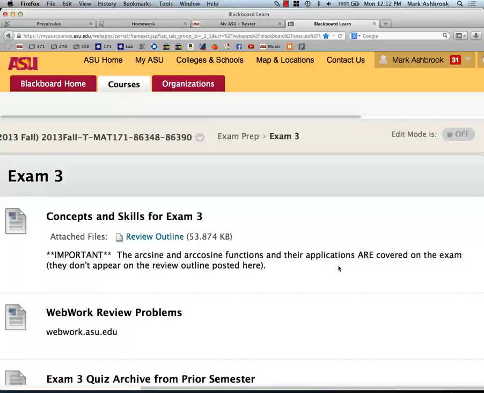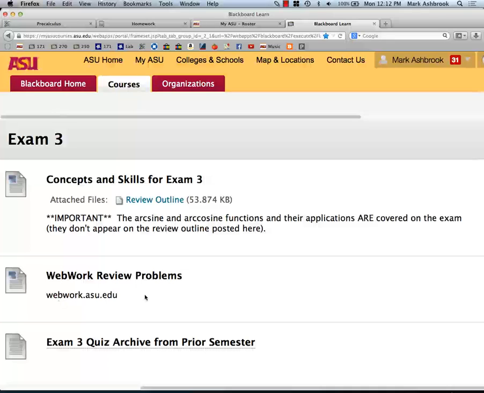Anyway, that's the last material on the exam: arc sine and arc cosine. Tangent and the trig triangles are not on exam 3, but they're on the final. The last thing that we covered that will be on exam 3 is arc cosine, arc sine, and applications, but just notice that that's not on the review outline. Okay, so that's important.